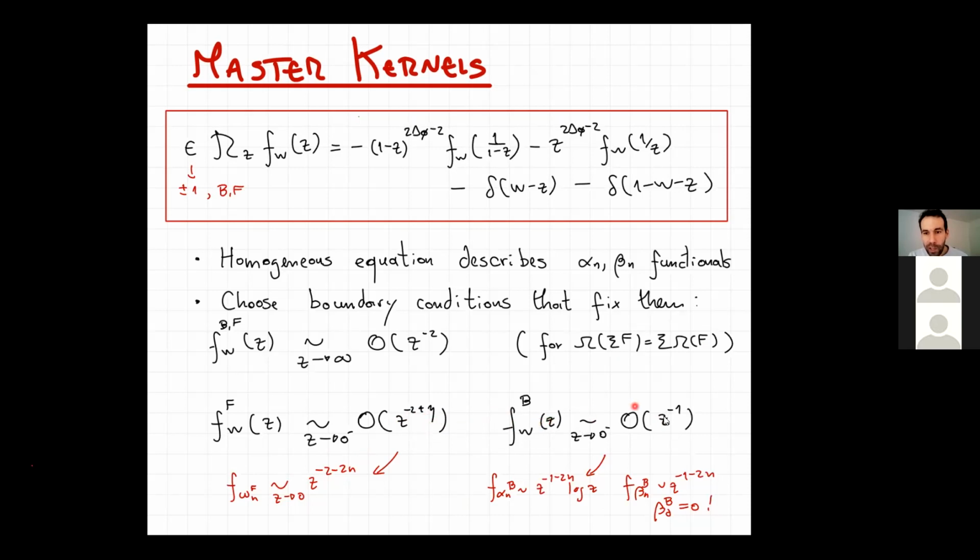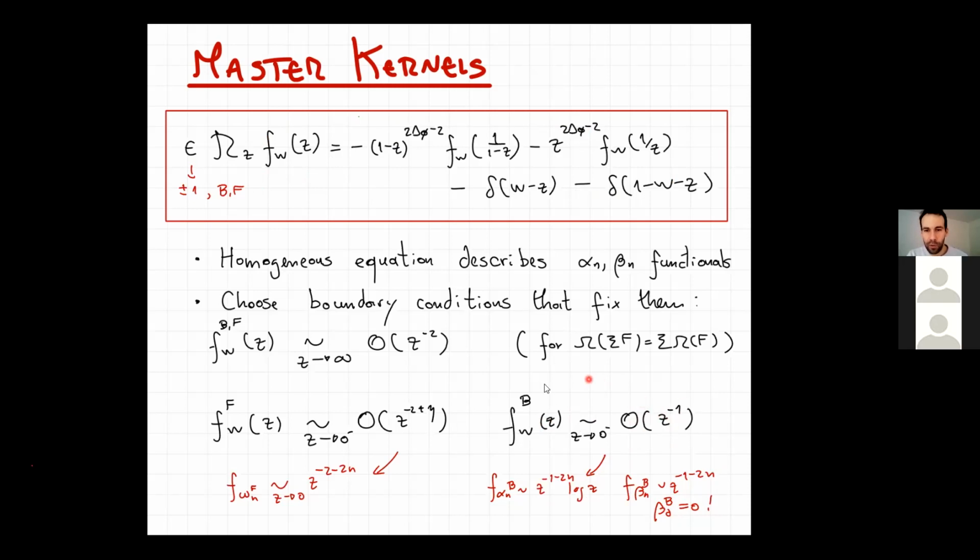For the boson, we cannot do the same thing because the beta 0 functional does not exist. But naively, if it were there, it would be 1 over z. So 1 over z behavior is in principle allowed by this equation, and we cannot remove it by subtracting a beta 0. So in general, we should allow for this behavior.